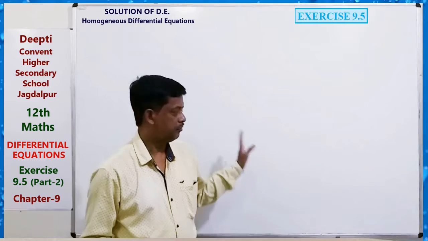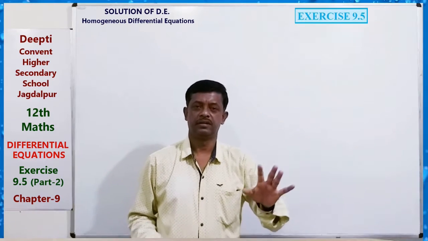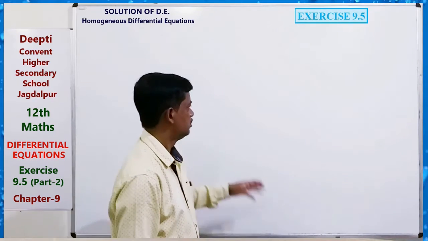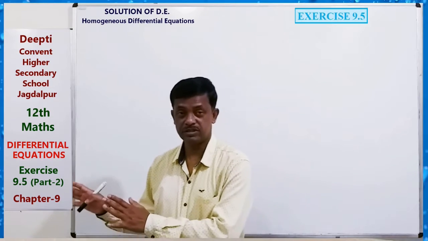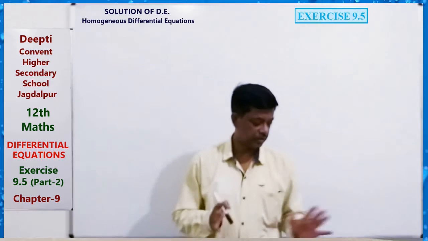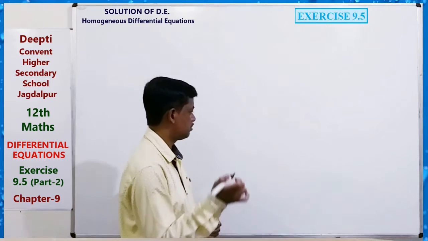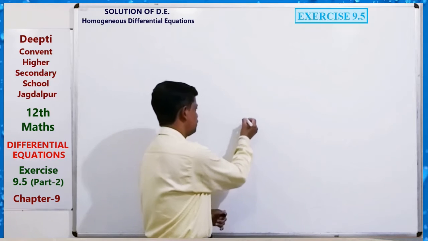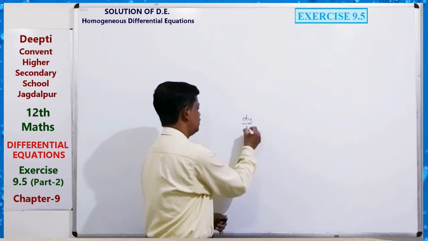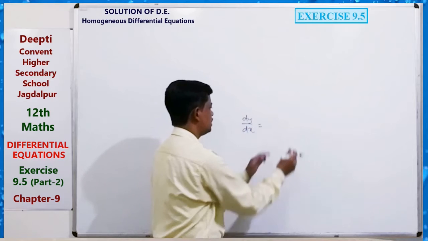If not separable, then we try to see whether the given equation is a homogeneous differential equation or not. For that, first of all we have to find the value of dy upon dx, the relation between x and y.